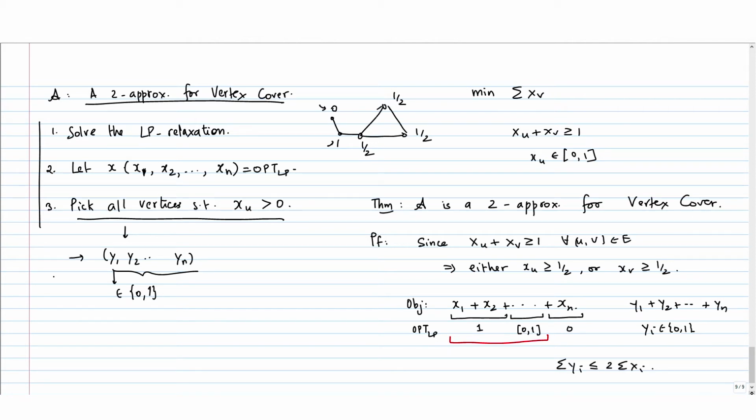Yes, lower bound. So, you are using the lower bound produced by the LP to obtain a solution to the integer program. Why is this? The observation is that since xu plus xv is at least 1 for every edge, one of these is true: either xu is at least half or xv is at least half.